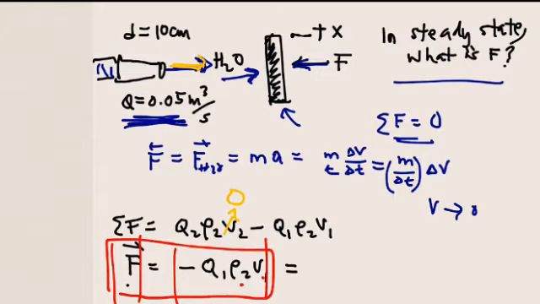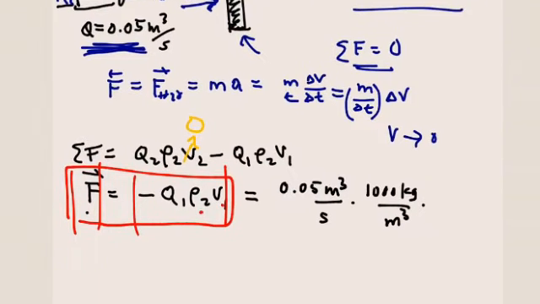So this is equal to the flow rate, 0.05 meters cubed per second, times the density, 1,000 kilograms per meter cubed, times the velocity. Now, how are we going to get the velocity? Well, we know that the velocity comes from the volumetric flow rate of the water.